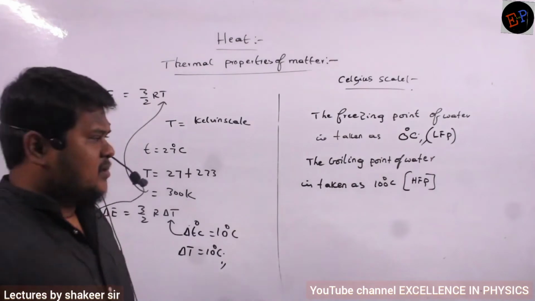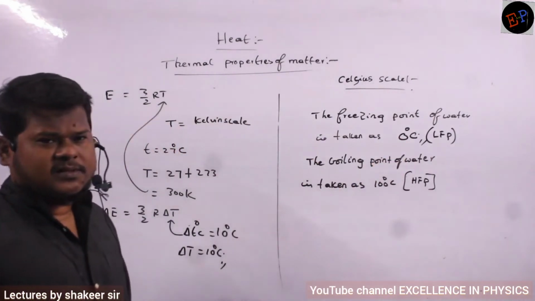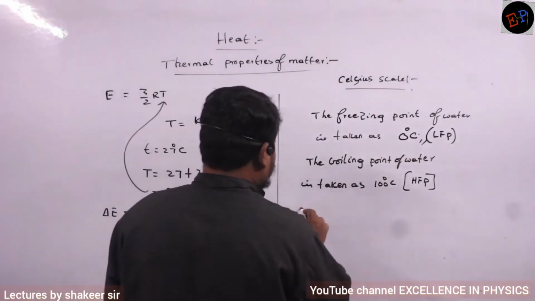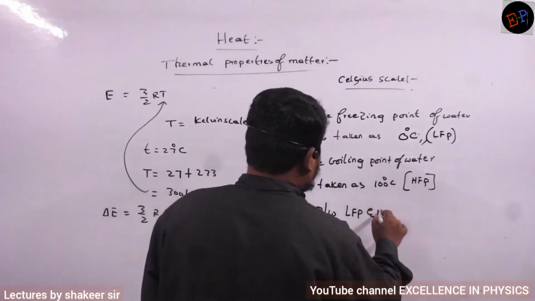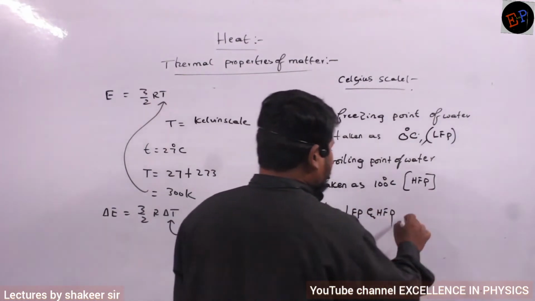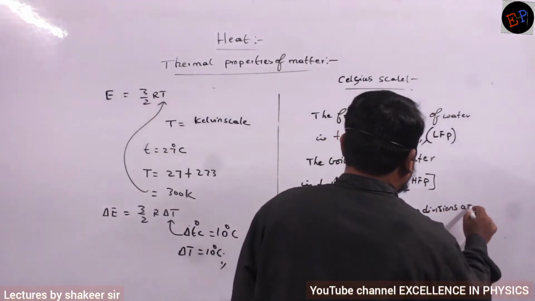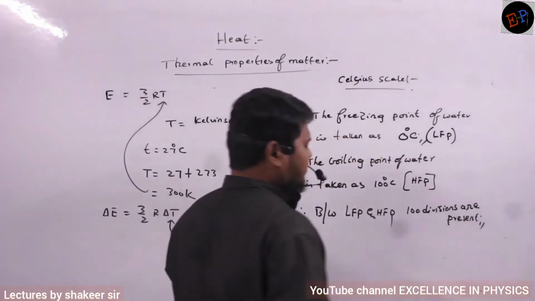Okay. So in between lower fixed point and higher fixed point, how many divisions are present? 100 divisions are present. Are you able to understand? So therefore, between LFP and HFP, 100 divisions are present.